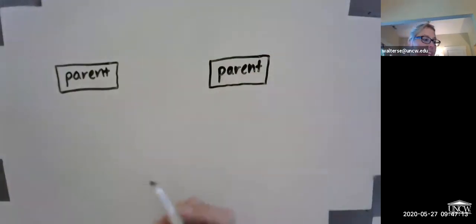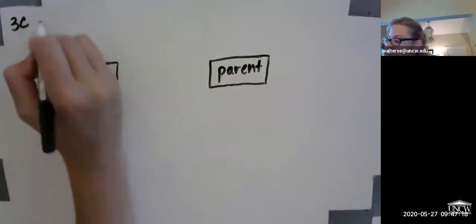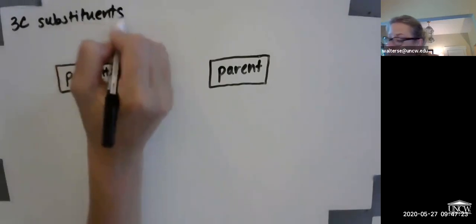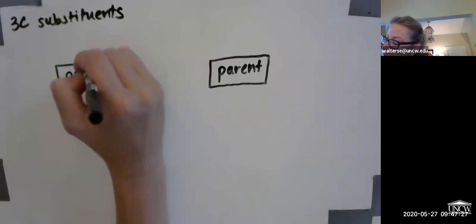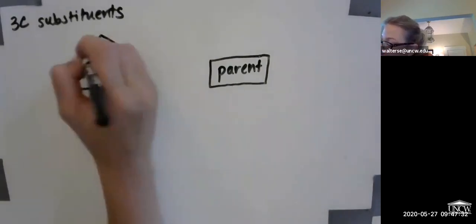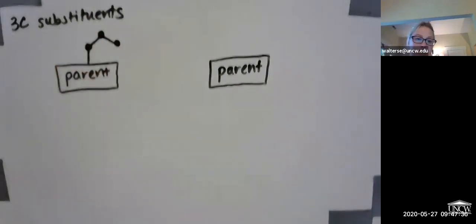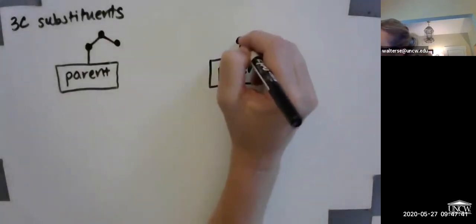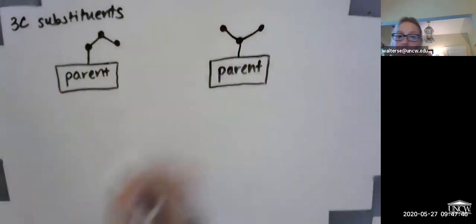And these are going to be the 3 carbon substituents. So off of the parent, your 3 carbon substituent could look like this: 1, 2, 3. Or your substituent could look like this: 1, 2, 3.